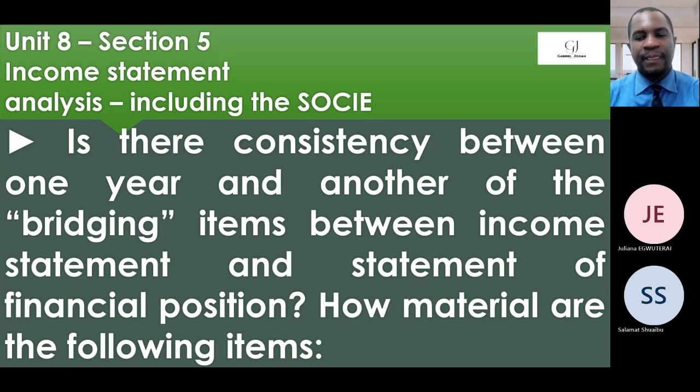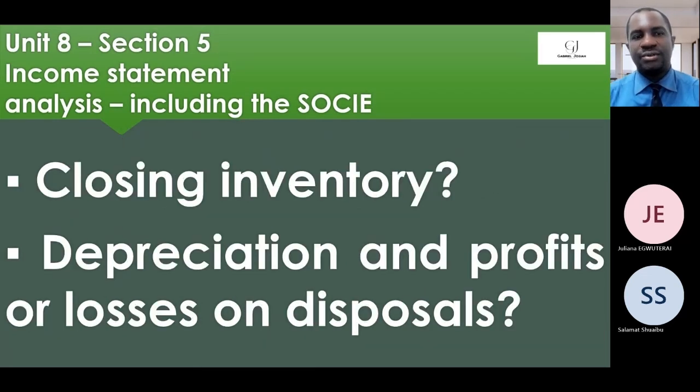You need to ask, how material are these items? So those items that bridge the SCI, the SFP and the statement of cash flow, how material are they? It's very important. So the bridging items include inventory, closing inventory, depreciation and profits, net profit.